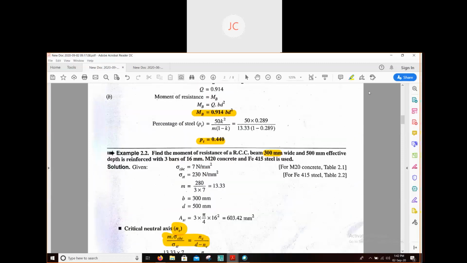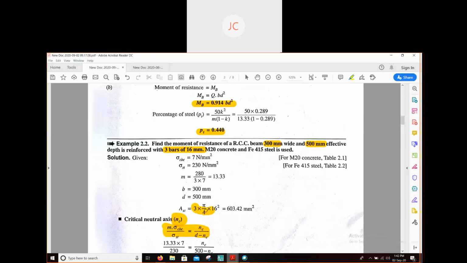Then the 500 millimeter effective depth is the value of small d. And for Ast, 3 bars of 16 mm diameter, you have to find the area of 3 bars. So Ast will be 3 into pi by 4 d square, because we are using 3 bars, and the area of 1 bar is pi by 4 d square, where d is the diameter, 16.